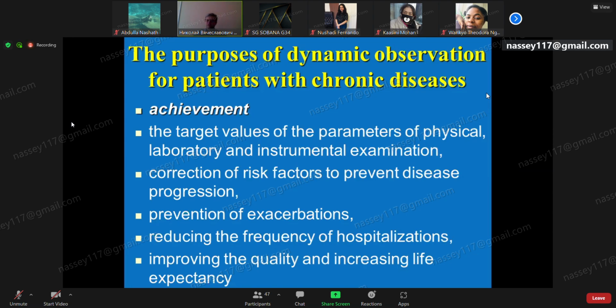Hospitalization is not just a more expensive kind of medical care than outpatient therapy, but it can also cause a negative psychological reaction for patients due to problems with adaptation in hospital conditions.